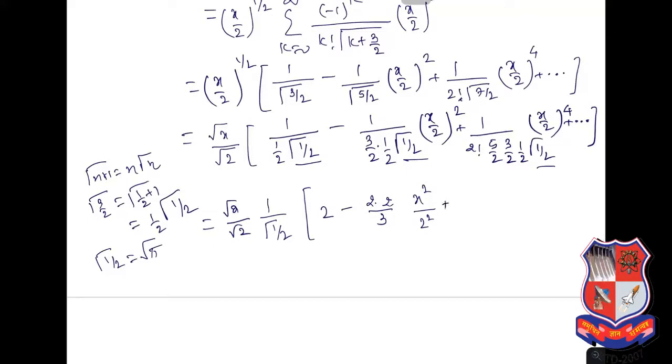Then plus this gamma 1 by 2 we have taken outside, this 2 2 2, so 1 2 here you can make it cancel. This is 2 into 2, 5 into 3, x power 4 over 2 power 4 and so on.